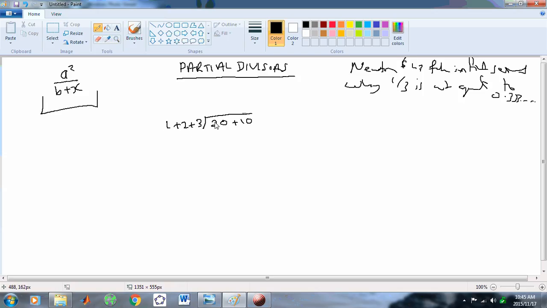And let's just say that 1 goes into 20, let's say 7 times. It doesn't really matter because this process will work regardless. So that will give us 7 plus 14 plus 21. Okay. So now if we look at this here, 20 minus 7 is what? 13, yes?